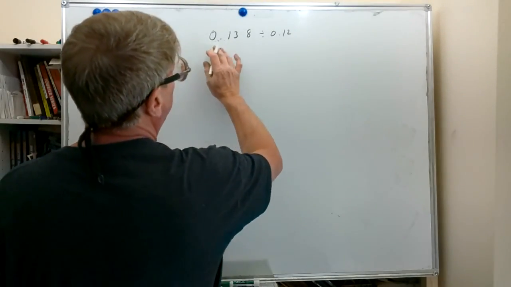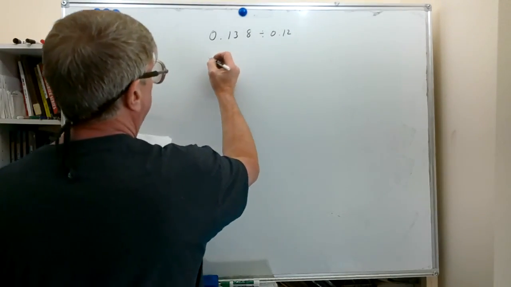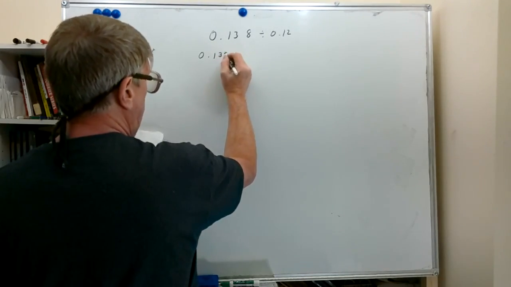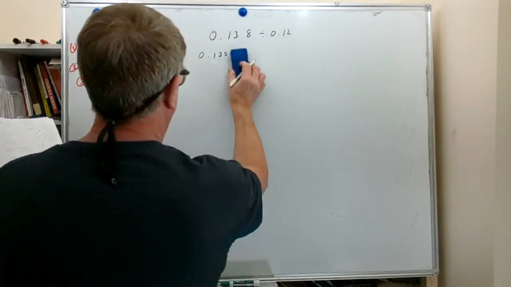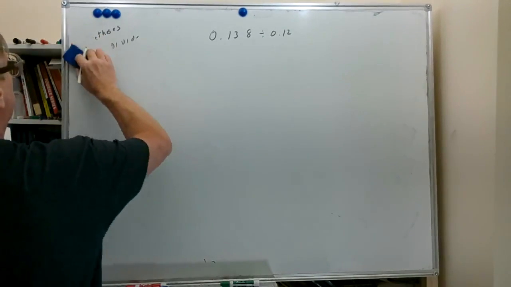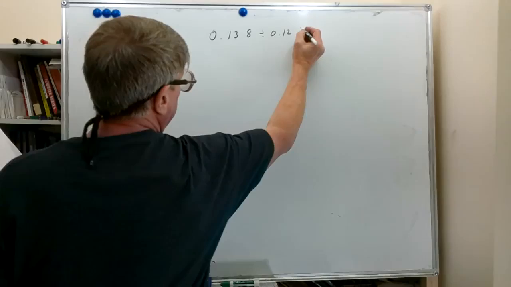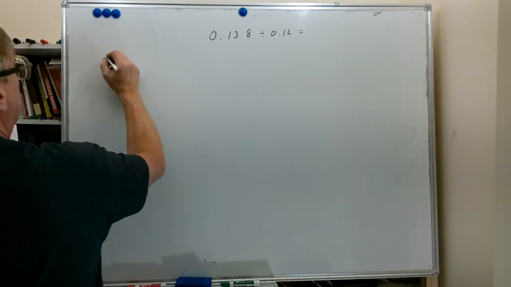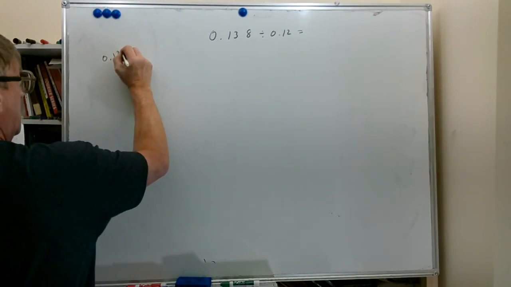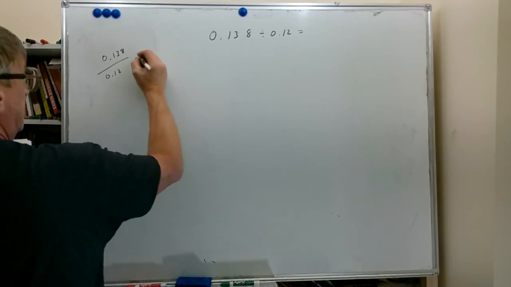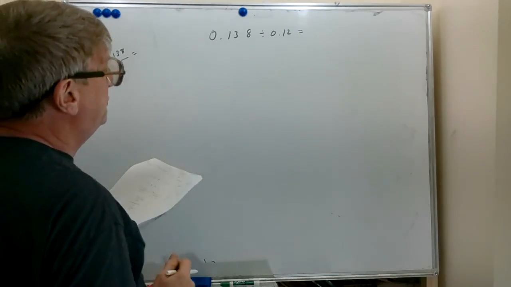Now, we've talked about this being the same as a fraction, so I'm going to rewrite this division problem as a fraction: 0.138 over 0.12. And why did I do that?